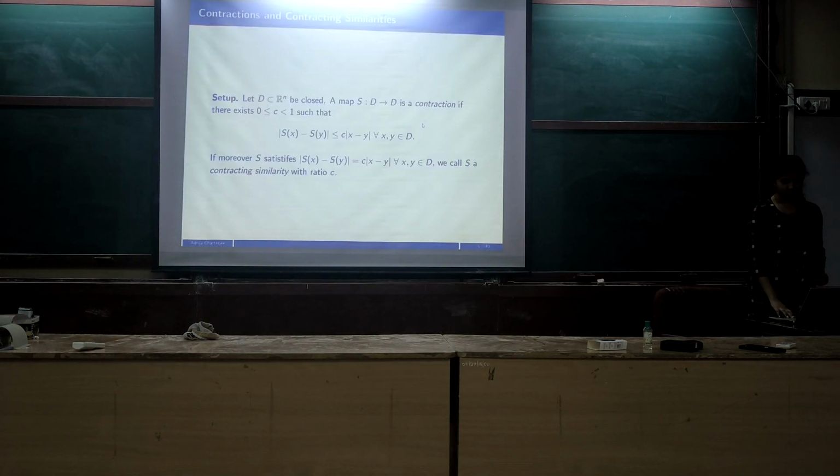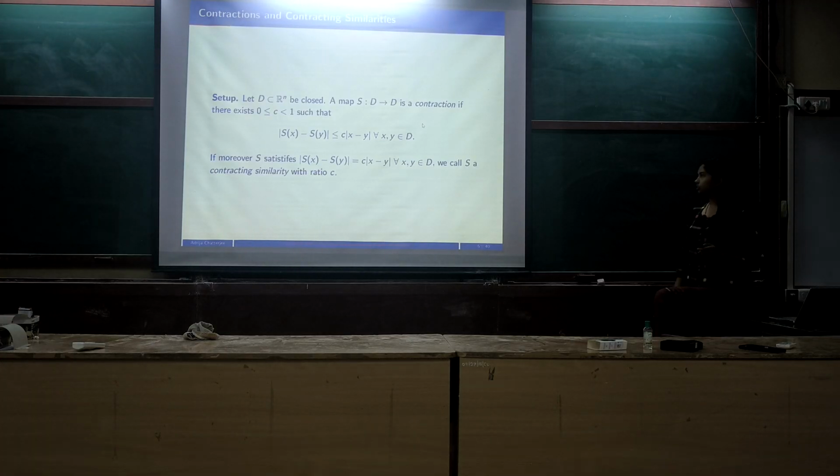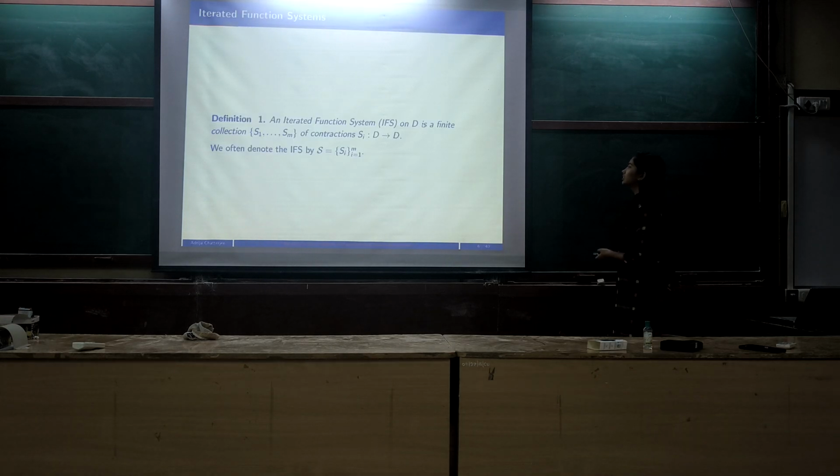So firstly, okay, I'll start with the theory of it. So all of you know what a contraction is, right? It is defined on a closed set, and all the fractals we'll work with over here are compact sets, so it's fine. So we have a contraction here. Then, what is an iterative function system?